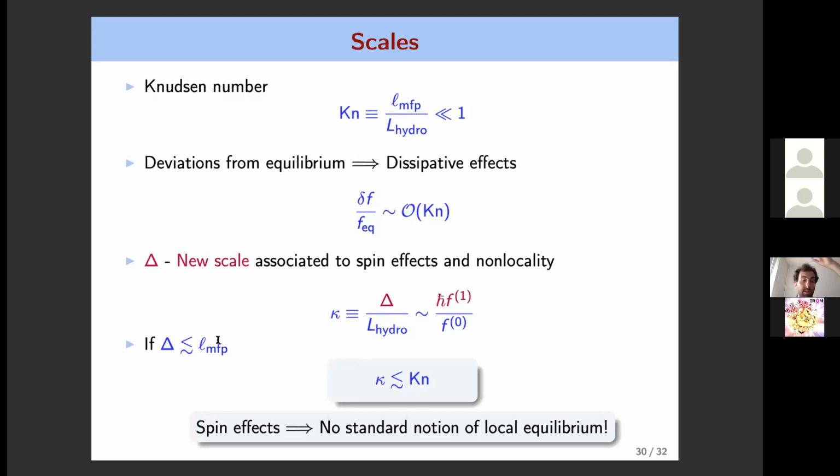This means that if delta is more or less the same as the mean free path, then this relation between the usual Knudsen number and the quantum one holds. If you include kappa because we want to include spin effects, and this is of the same order as the usual Knudsen number, then we are not really legitimate to exclude one and include the other. But this all holds because of our power counting.